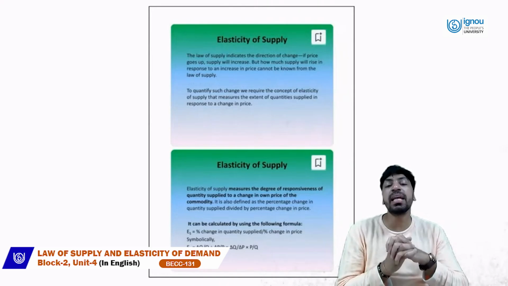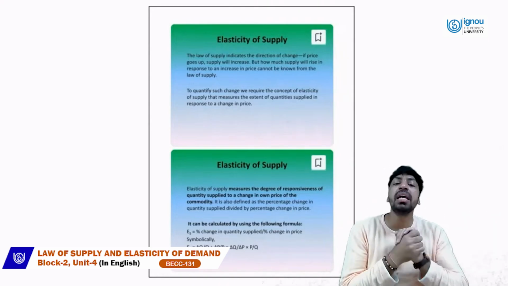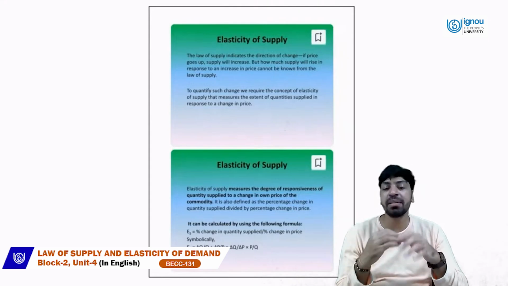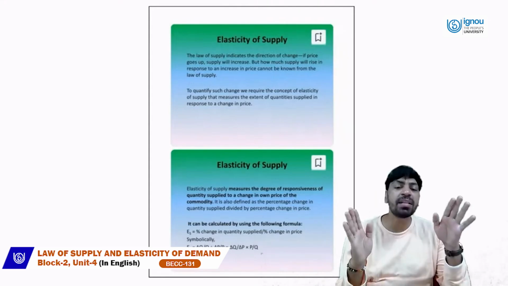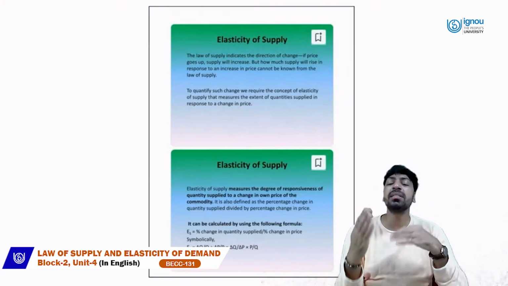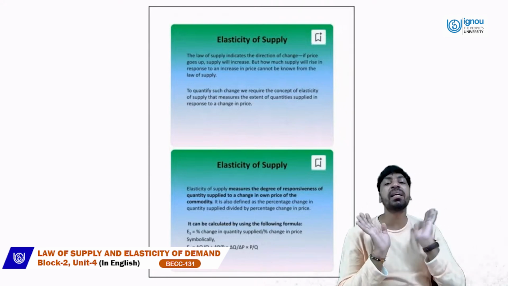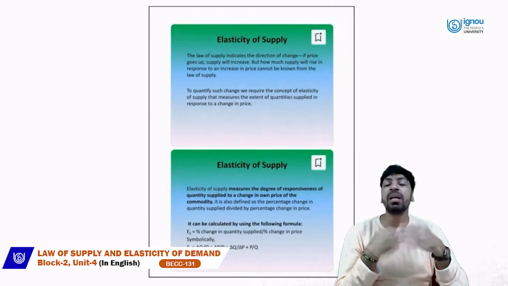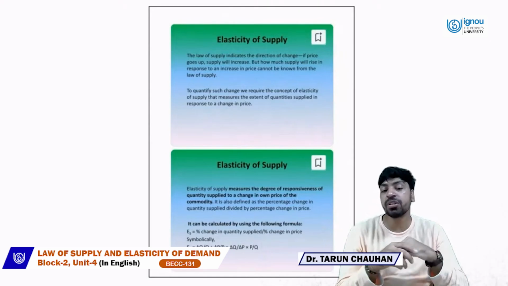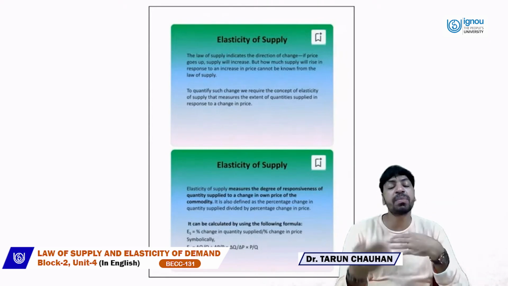Mathematically, I could say it is defined as the percentage change in the quantity supplied divided by the percentage change in its price. That means whatever formula has been shown mathematically just expresses the same formula in words. So it's very easy to explain elasticity of supply if a learner might forget during the examination how to express it in words.